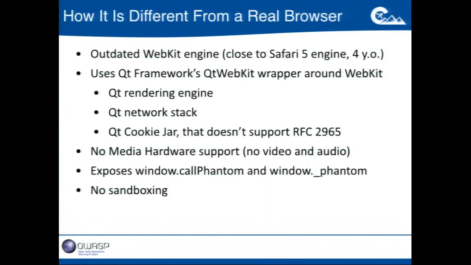So somebody should do that for Phantom, and Phantom is based on Qt framework, and actually the Qt WebKit wrapper around WebKit. So Phantom is basically using Qt framework's network stack, and cookie jar, and lots of other stuff, like font generation, font handling. And that would be the difference pretty much between Phantom and the real browser, and we'll try to catch those differences.